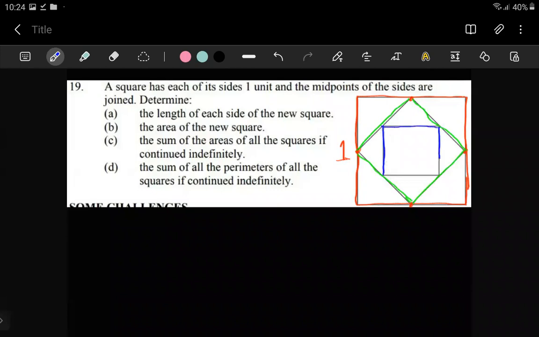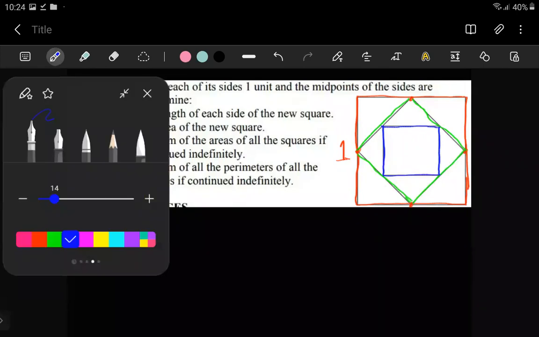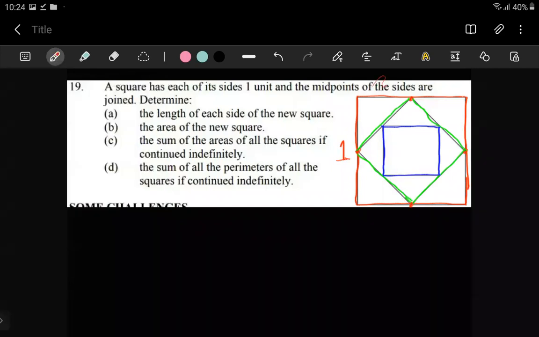So looking at this, starting with the green one. If the length here is 1 full, 1 full, 1 full, 1 full, what can we do to get the green length here?